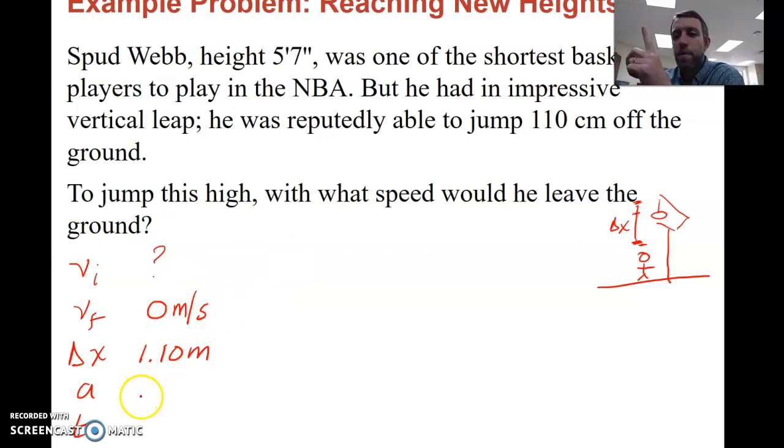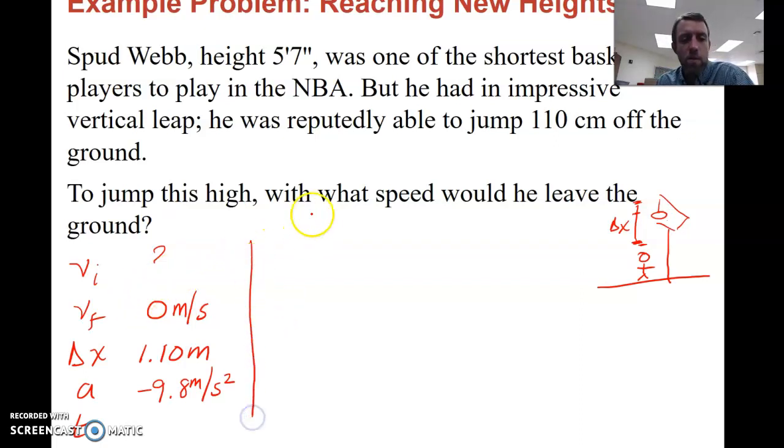If we make up the positive direction and down the negative direction, which is conventional, not always that way, we will say that gravity acts with an acceleration of negative 9.8 meters per second squared. And that is our third. And if you weren't sure about that, don't worry about it. We will talk about that more when we get to free fall next unit.